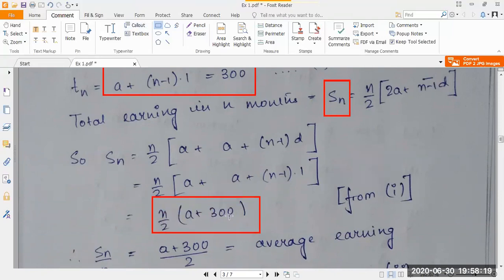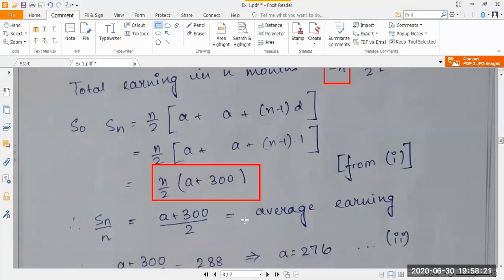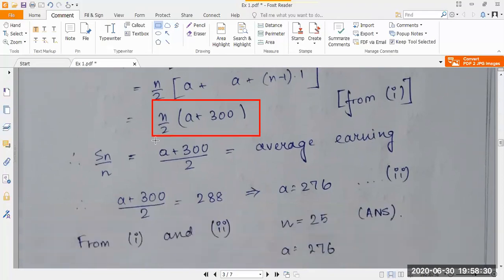Using this total earning in n months, we find out the average earning by dividing it by n, which is the number of months that he served. As per the sum, his average earning for n months that he worked was 288. So this equation tells me that his average earning is 288 rupees a month.